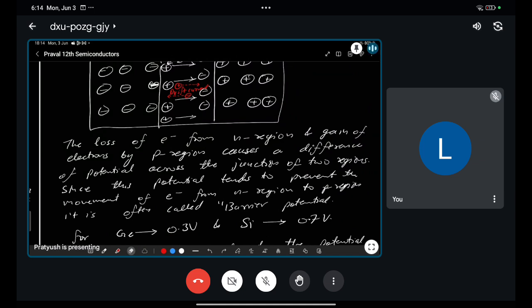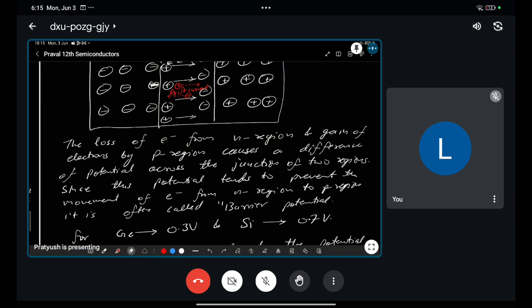Okay. And what will this potential do? This potential will stop the further movement of electrons from N to P. Getting it? So that's why this is called barrier potential. Why is it called a barrier potential?